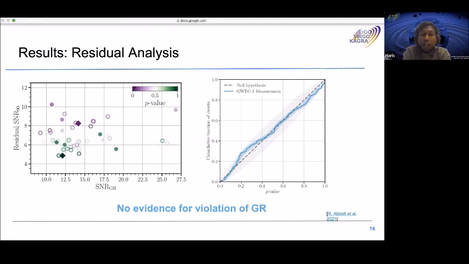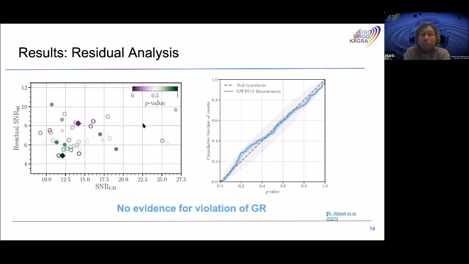So in the right-hand side, we have a PP plot of the p-values of these residual SNRs. Here, the diagonal dashed line is the null hypothesis, with light gray band around the null hypothesis denoting the uncertainty band due to the finite number of events.